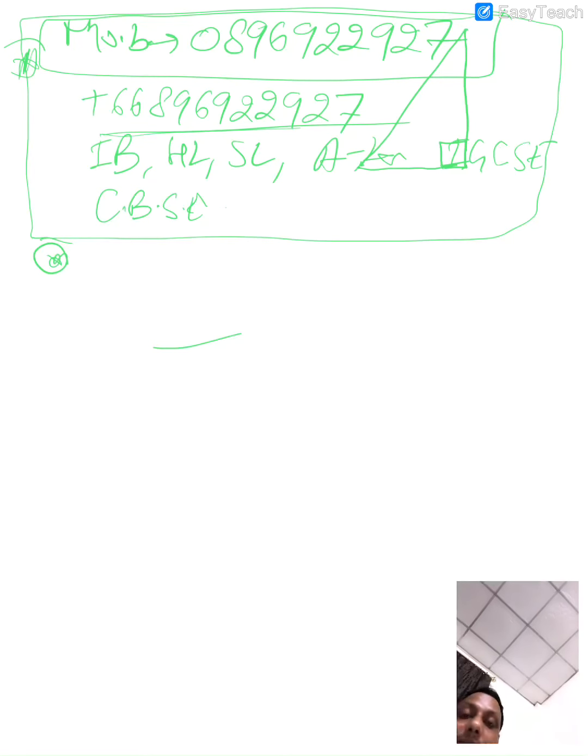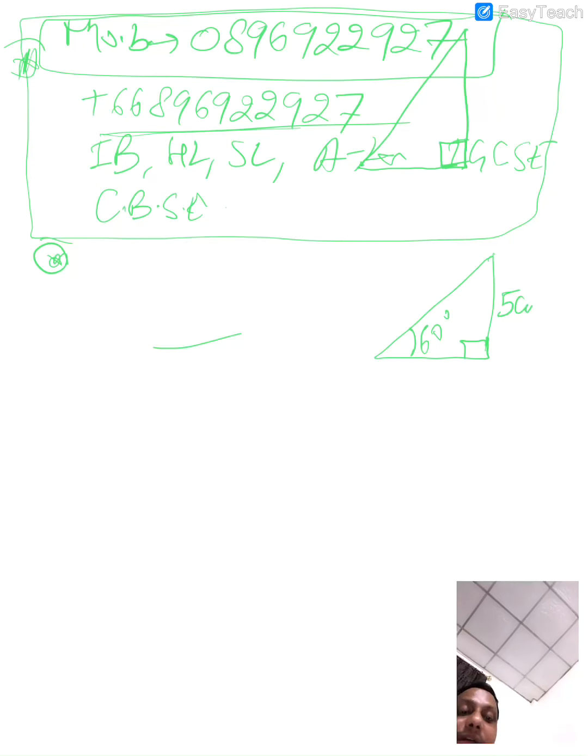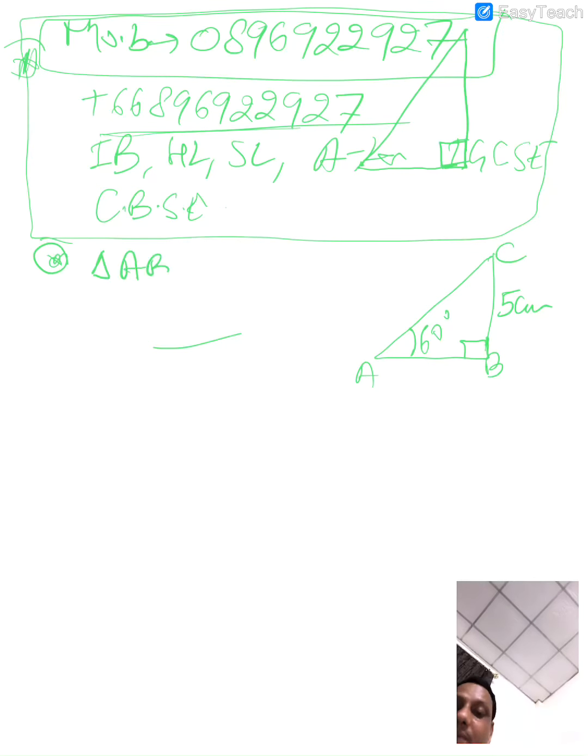Alright, so now we are going to do what I told you. There is a right angle triangle here, and suppose I wrote here 60 degree, and this is 5 centimeter. I draw this as triangle ABC. In triangle ABC, C is the 90 degree. I want to find the value of x.